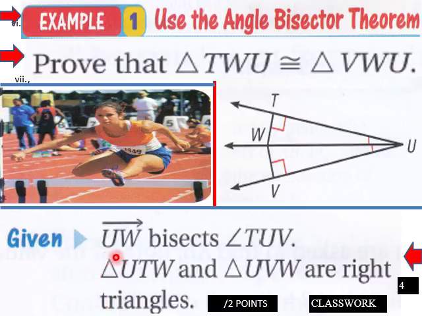Given line UW bisects angle TUV, this line here bisects TUV, and triangles UTW and UVW are right triangles. We have this right angle in this triangle, same thing over here.